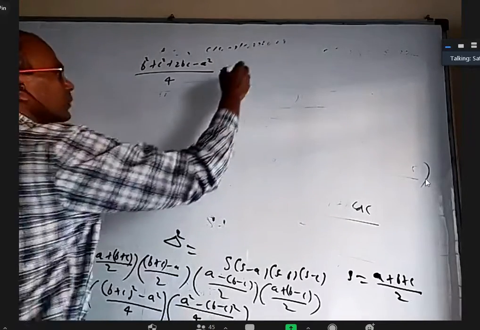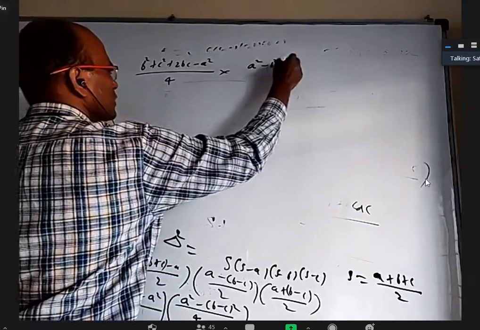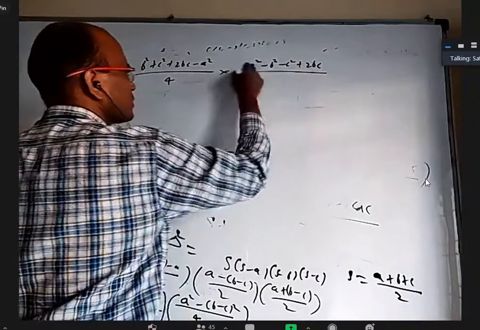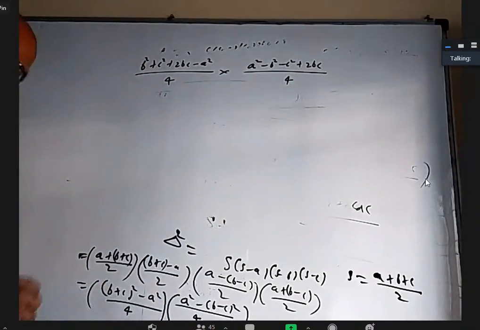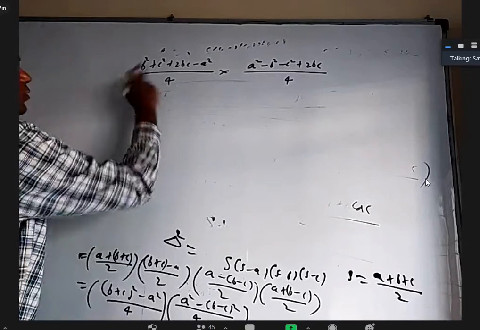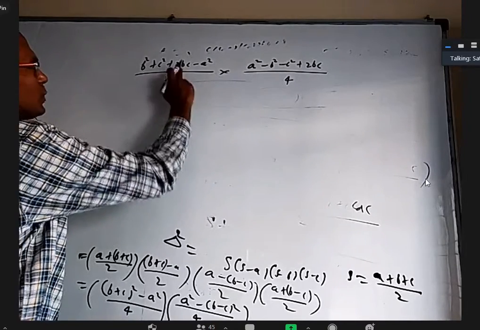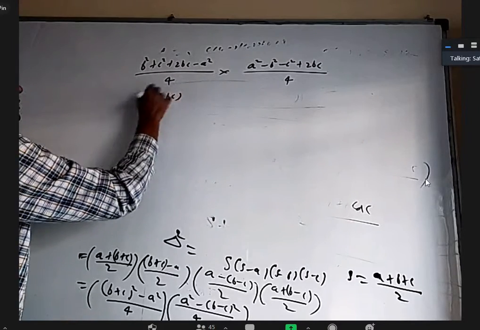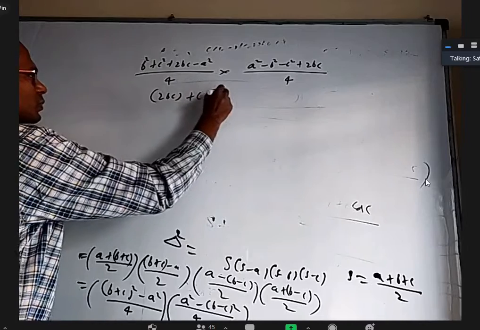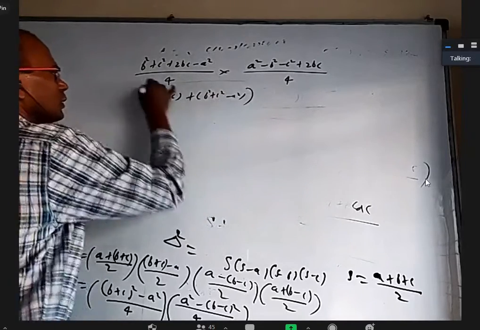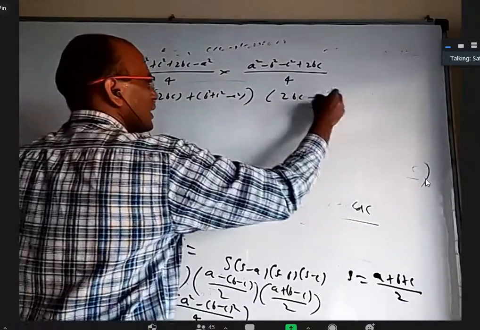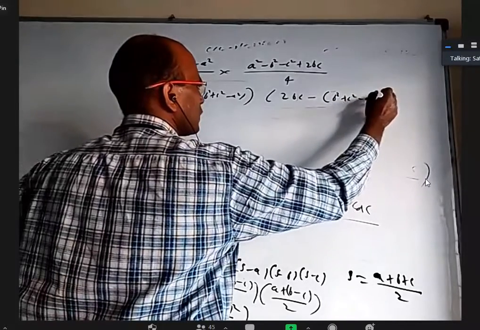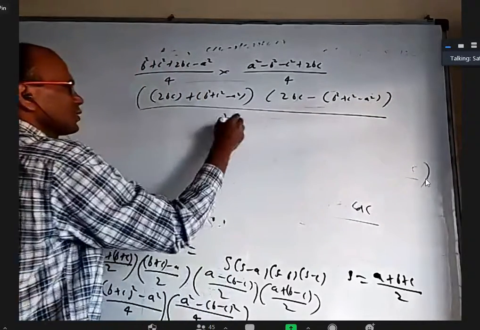This will come A square minus B square minus C square plus 2BC by 4. Okay, now here and here what are same? 2BC is same. That's all. Okay, so this is 2BC plus B square plus C square minus A square. This is 2BC minus B square plus C square minus A square, whole by 16.